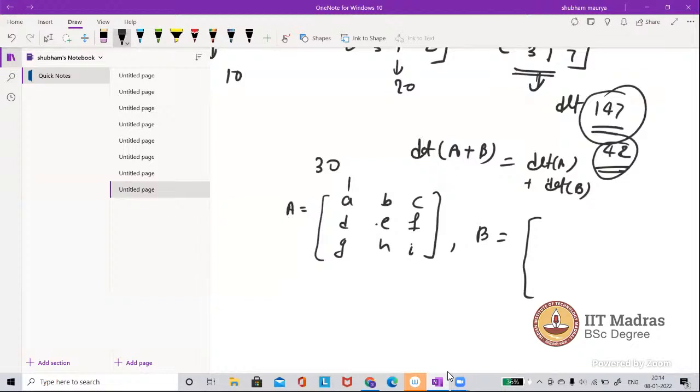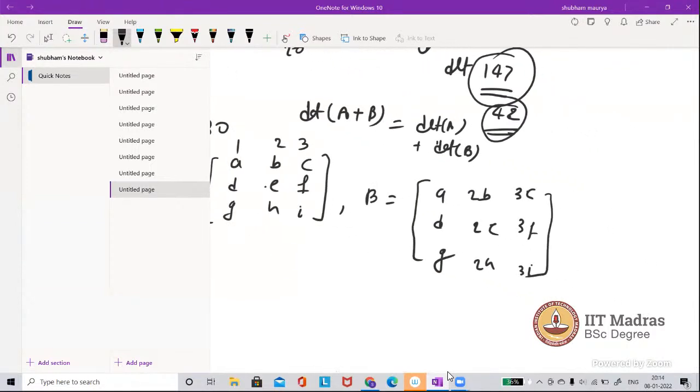So let's assume this is column 1, this is 2, this is 3. B is obtained after multiplying each column with its column number. The first column will be the same, because multiplying by 1 gives the same. The second column will be 2B, 2E and 2H, and the third column will be 3 times C, 3 times F, and 3 times I.